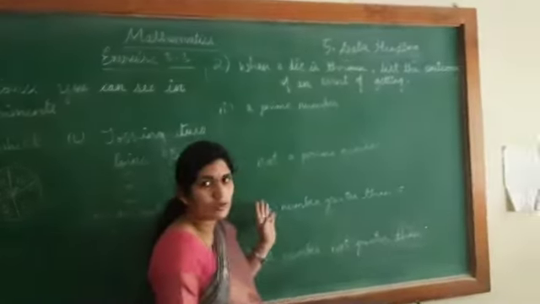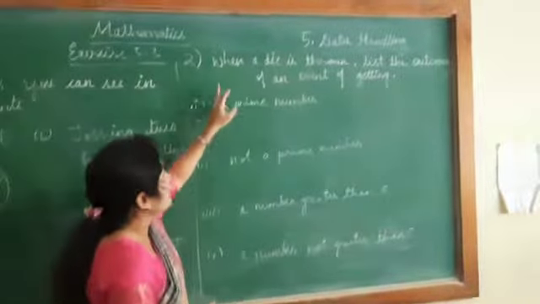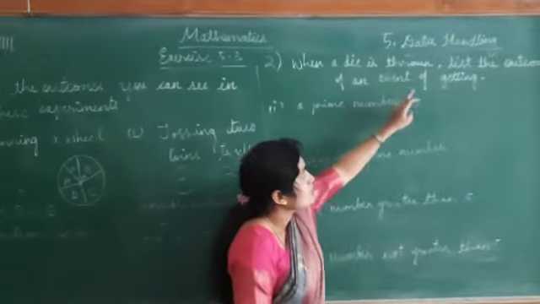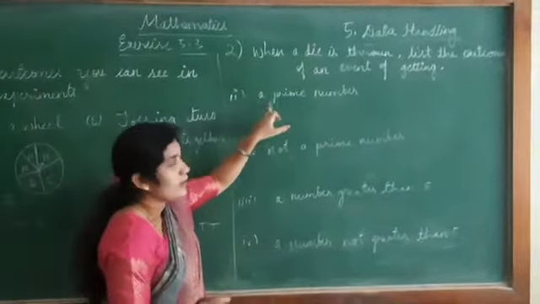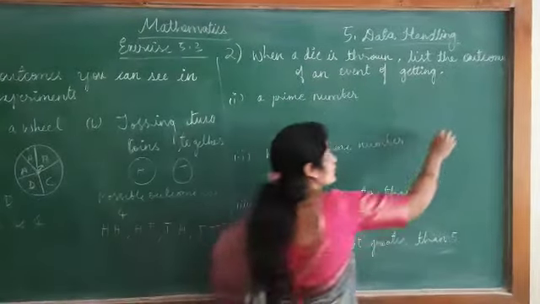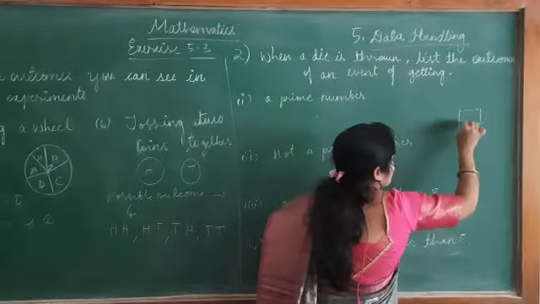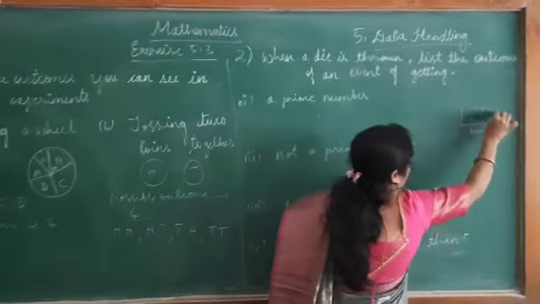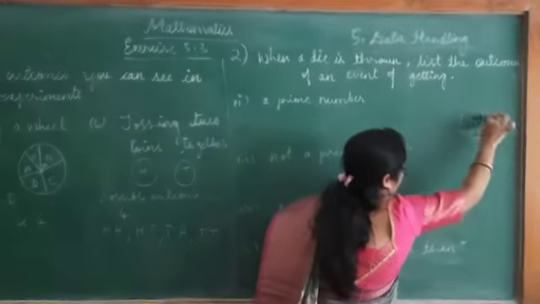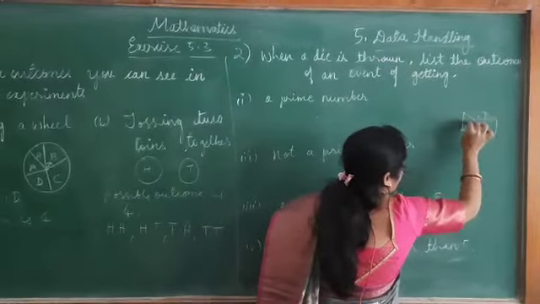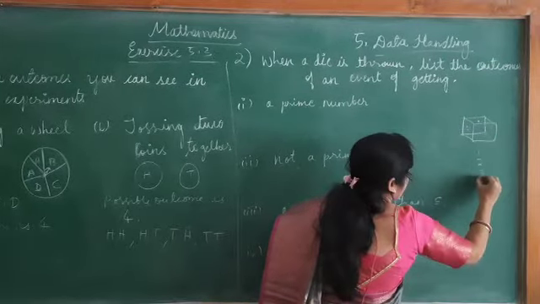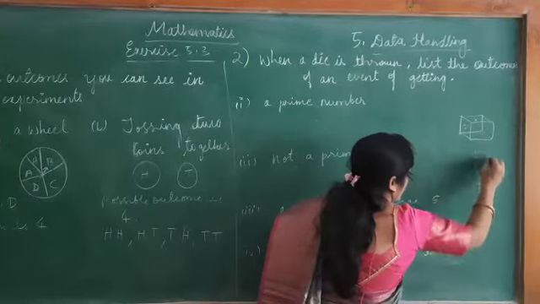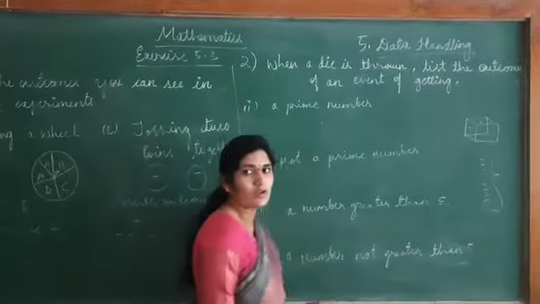Now let us move on to the second question. When a die is thrown, list the outcomes of an event of getting, first, a prime number. What is a die, children? We all know what a die is. This is a die. Here you have 1, 2, 3, 4, 5, 6, so there are 6 numbers on a die.